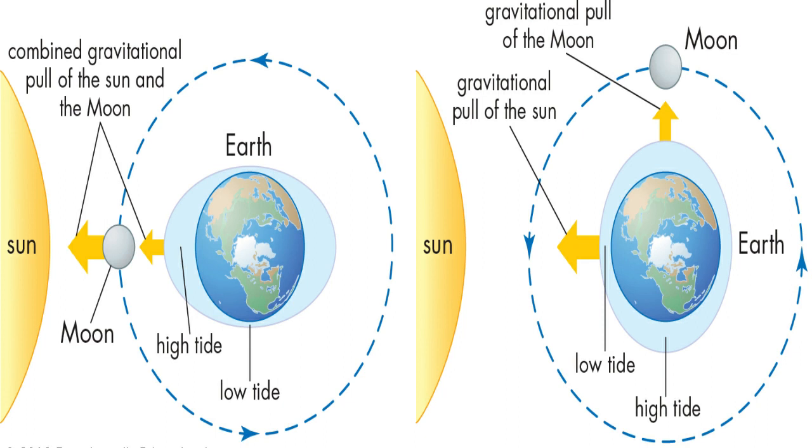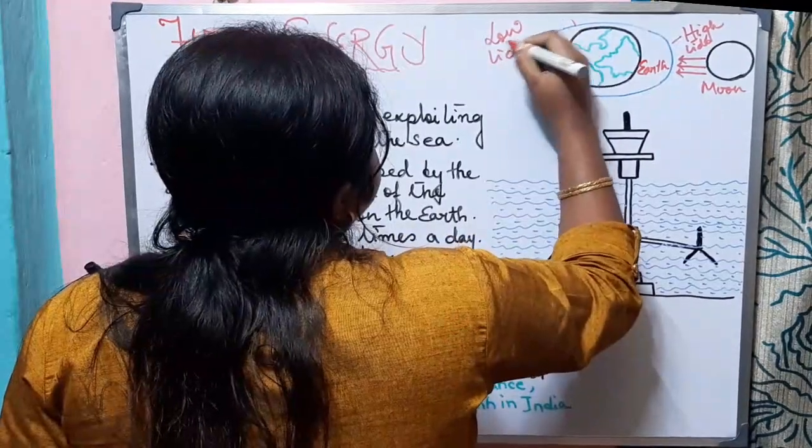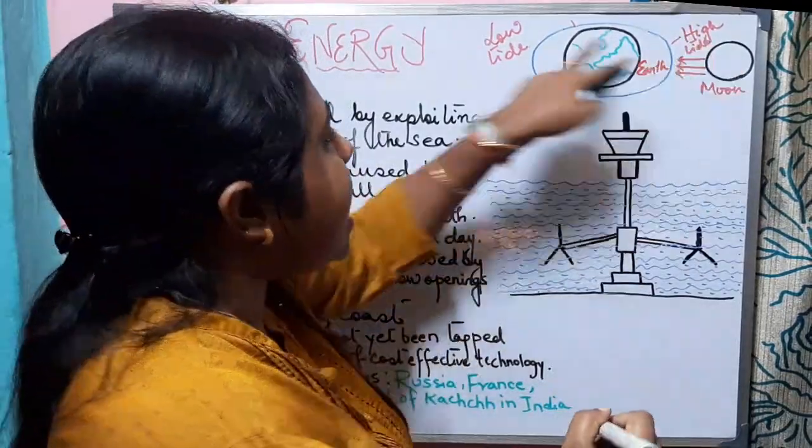So this is the area of high tide, and where we cannot see any bulge is the area of low tide. So there are two tides, high tide and low tide.